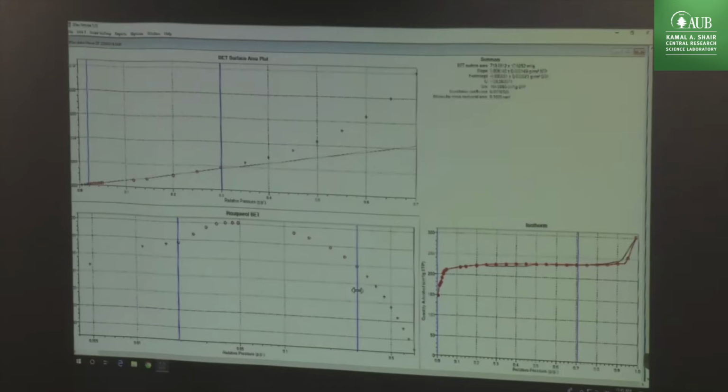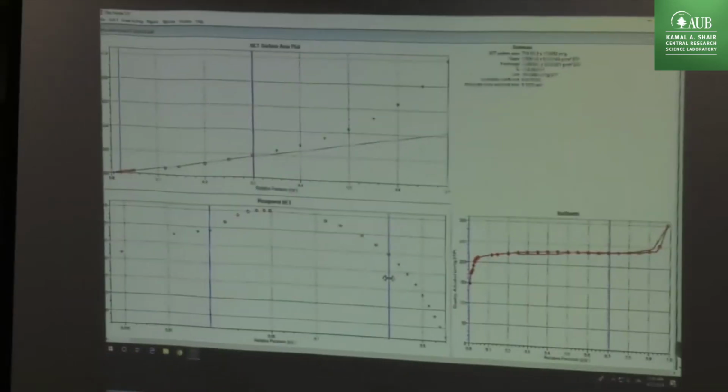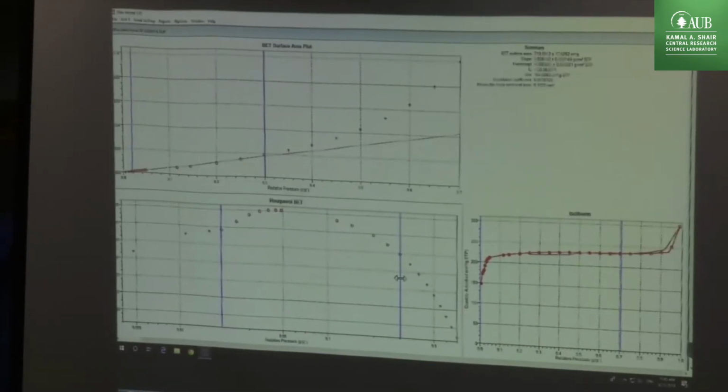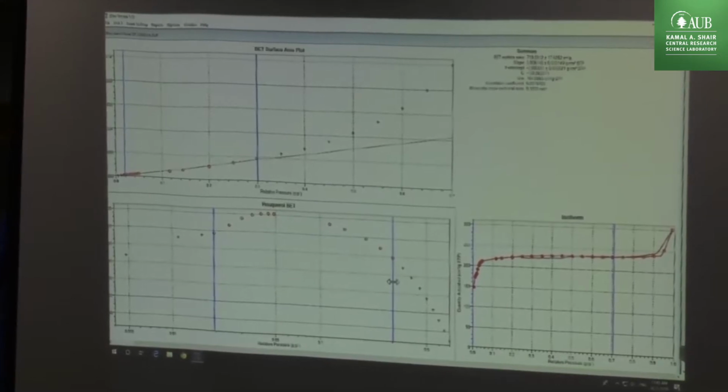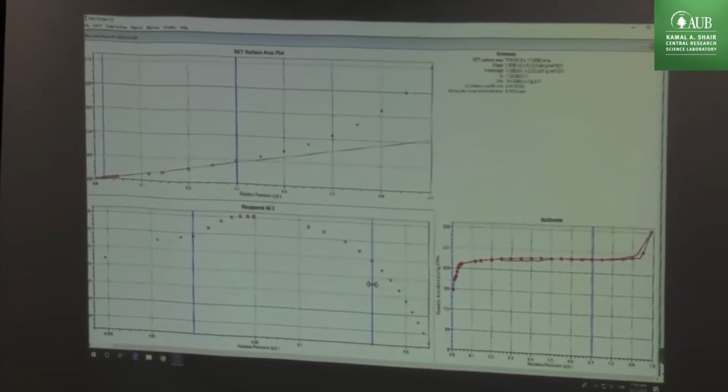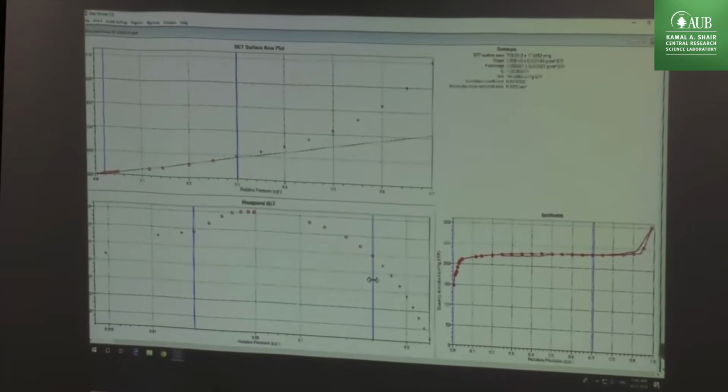Okay, so many people ask about the limits. I said, well, this is difficult to find the limits because in theory we have between 0.05 and 0.3. We know that we go from the monolayer to the multilayer until you reach the condensation. Remember also yesterday I told you that in the adsorption isotherm you have the first inflection point where the monolayer finishes and the multilayer starts, and the second inflection point where the capillary condensation starts.